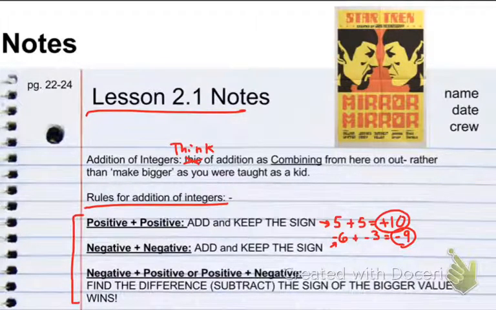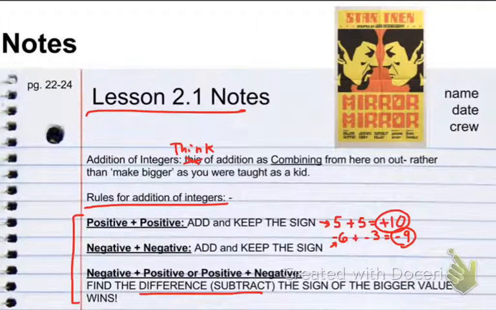Here's where it gets screwy. If you have a negative plus a positive, you find the difference of the numbers. You subtract and you keep the sign of the bigger value. Okay, the bigger absolute value, the bigger number wins.